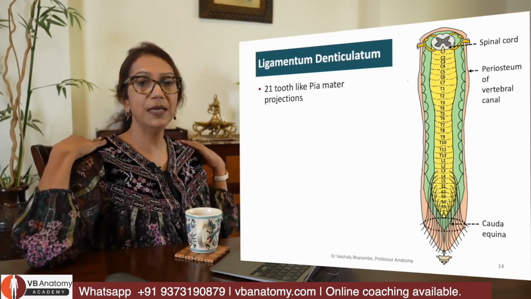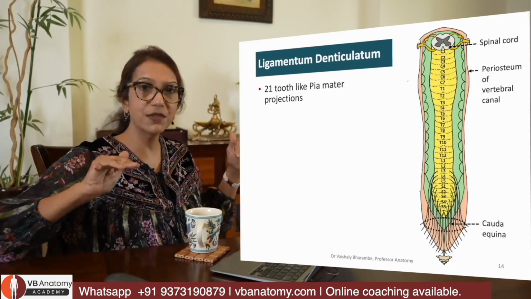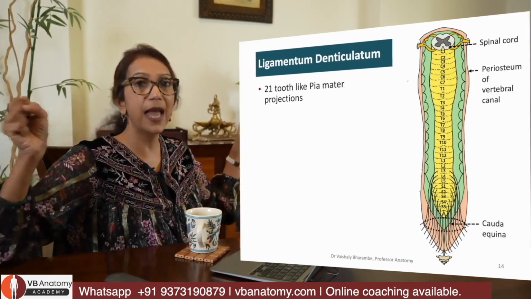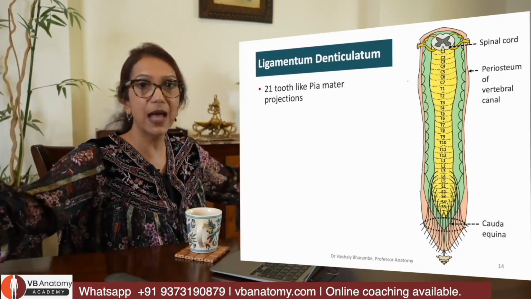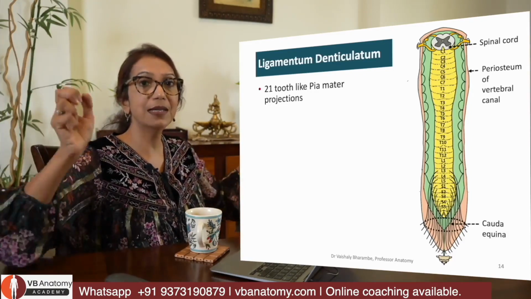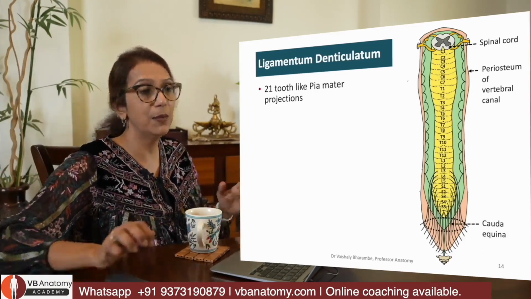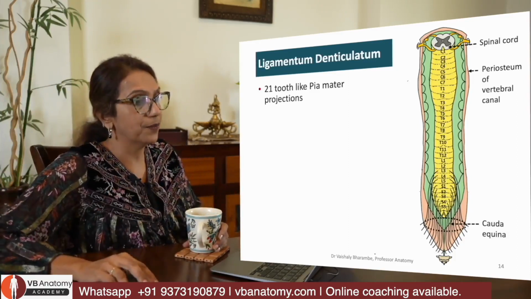So what the pia mater does is, at every level it gives rise to projections which come out and they get anchored to the dura mater. Dura is tough. Pia just anchors to the dura. Now the whole spinal cord is anchored to the dura with the help of 21 lateral projections. Take a look.